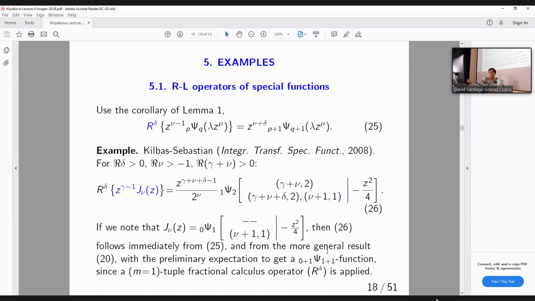But the Bessel function is a 0 psi 1 function, and then the Riemann-Liouville integral should just increase the p and q by 1, so we have the predictable result, a psi with 1 and 2 as p and q parameters, of course.